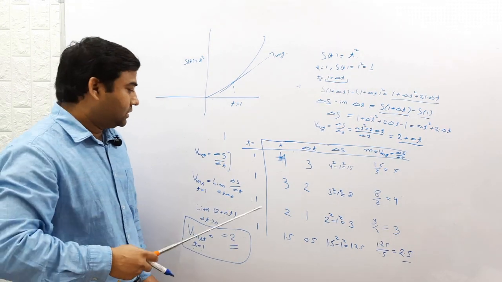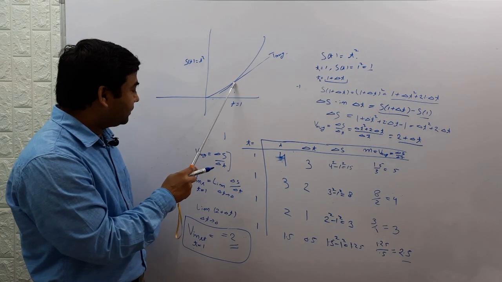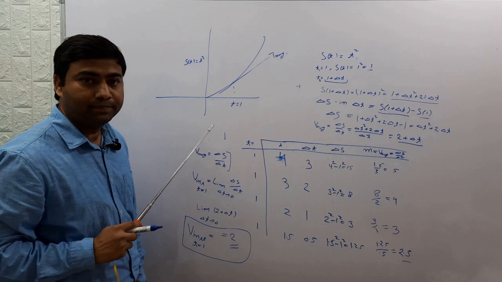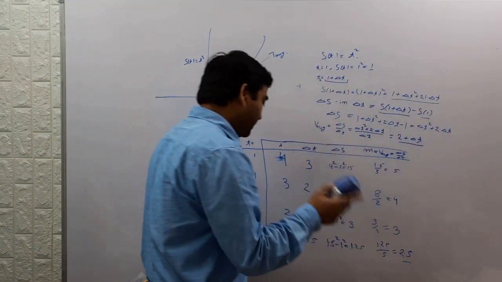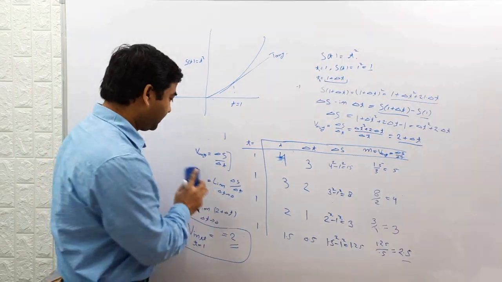Similarly, the gradient of the tangent at a particular value is equal to the instantaneous value at that time. So this is the way we find the instantaneous value, and we define derivatives.